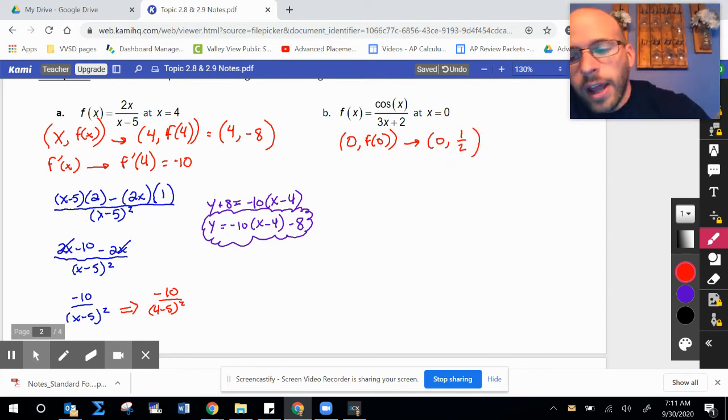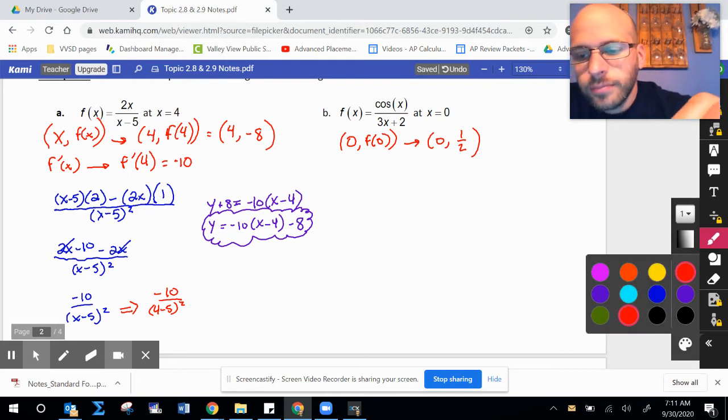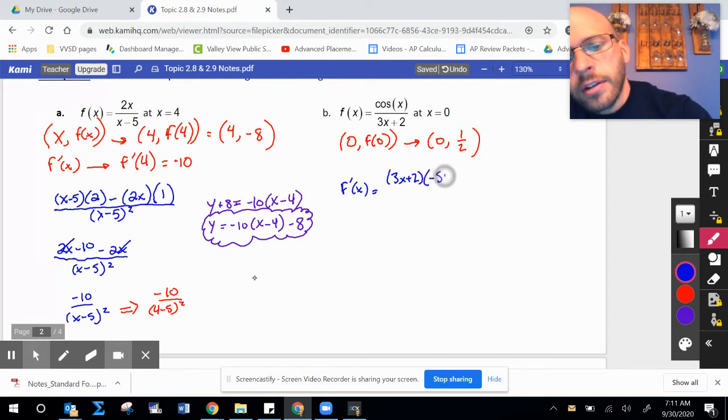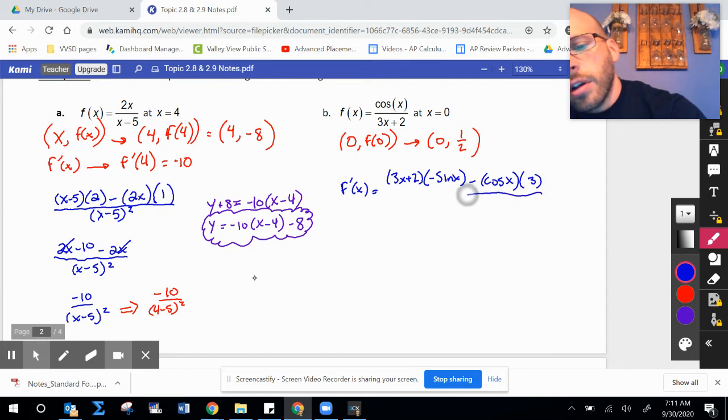Now I want to figure out f prime of x. So f prime of x would be low d high minus high d low, which is just a 3, all over 3x plus 2 squared.